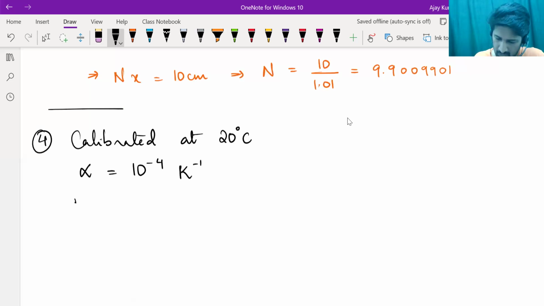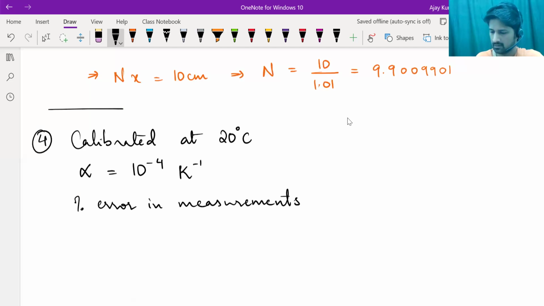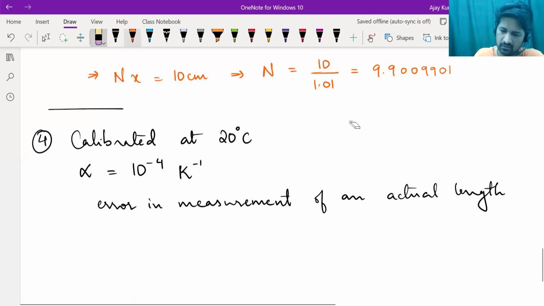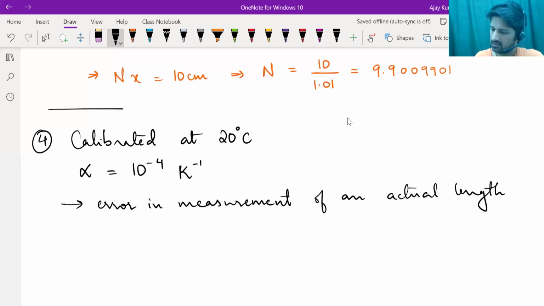I want you to find out the error in measurement of an actual length. Find out the actual error in measurement of an actual length of 20 centimeters. Means the object's original length is 20 centimeters.